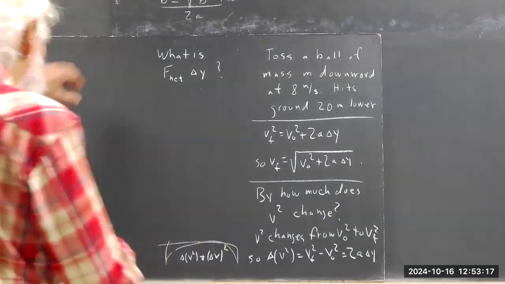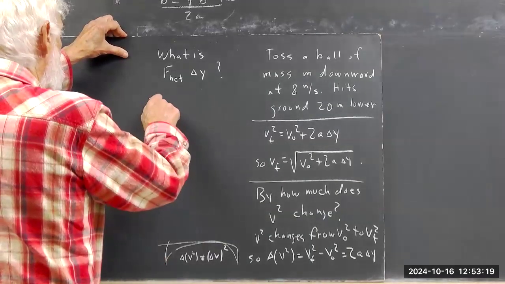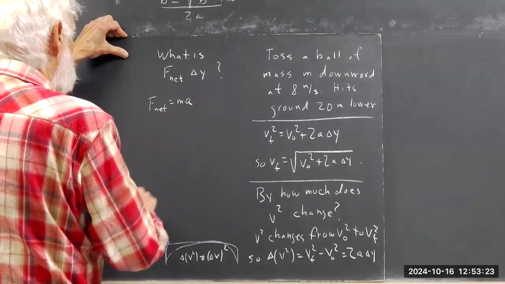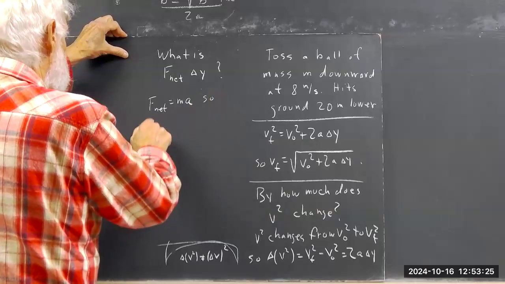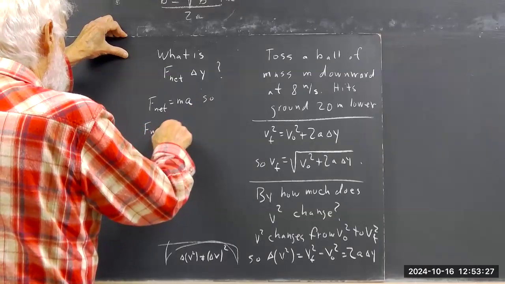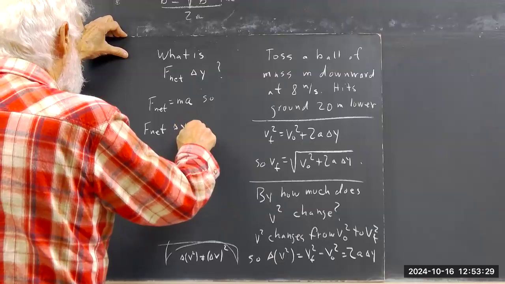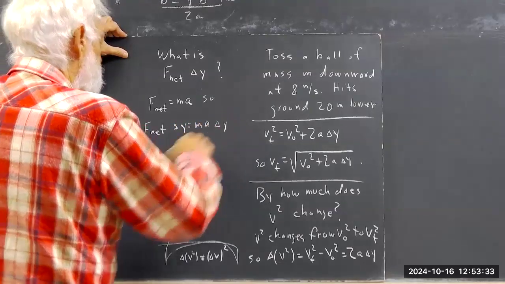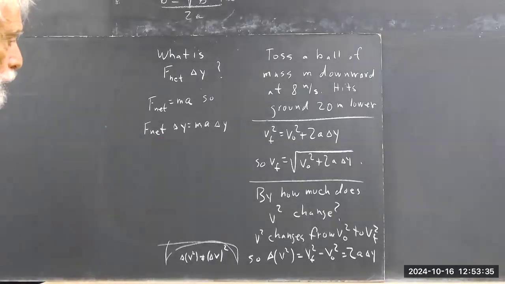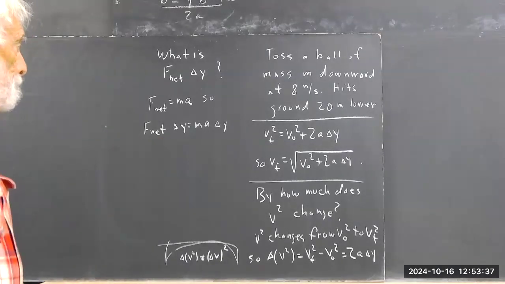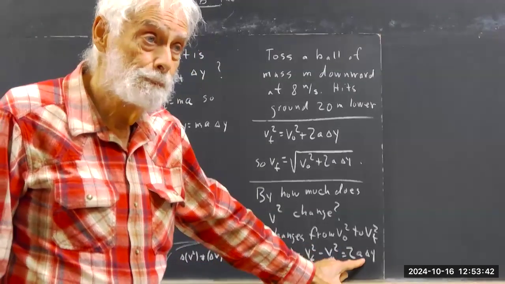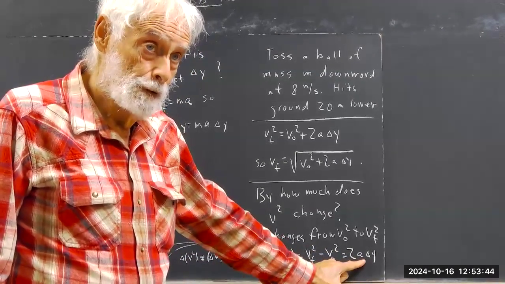Okay, first, it's pretty obvious F net equals ma. It's ma delta y, right? So right there is a delta y.